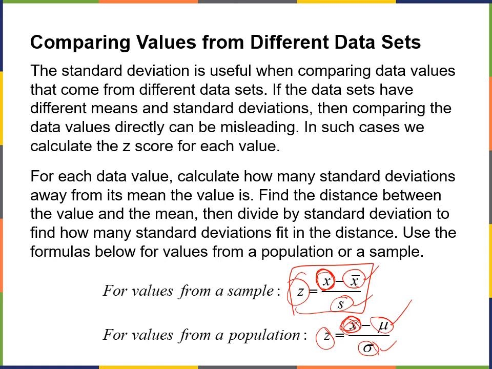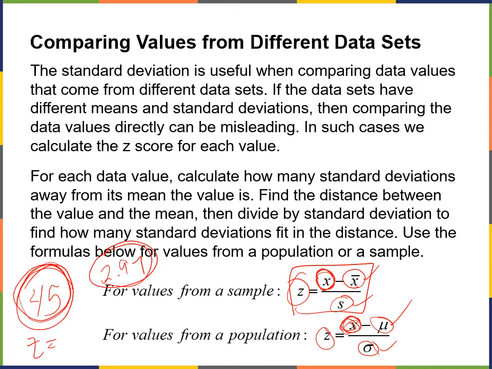If I took a data value, let's go back to those ages that we just talked about. Let's say we had an age of 45, and I want to turn 45 into a z-score. Whatever z-score I get will tell me how many standard deviations. Remember, the standard deviation was 2.97. How many of these away from the mean, which was 41.5, is 45?